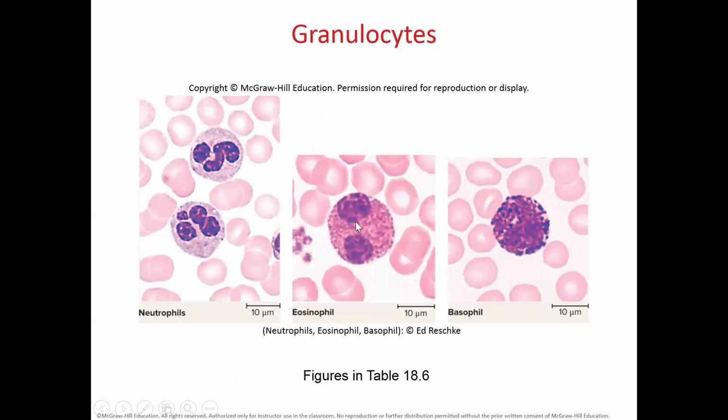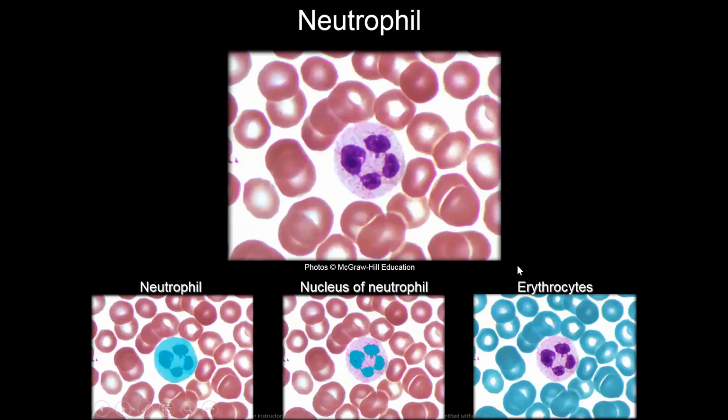There is a little connection between here, this nucleus, and this is the eosinophil. And then the basophil has a very large nucleus filling the whole thing. The granules are these little purple dots stained here. Here the granules are pink, and here they're purple, okay?